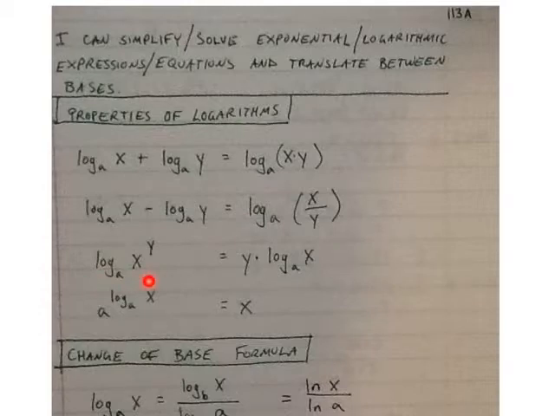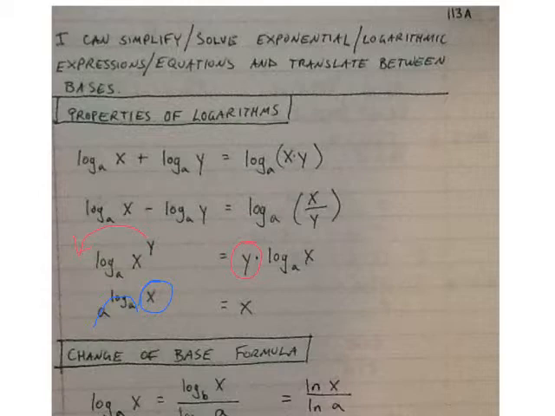One that we've seen pretty regularly already is when you take the log of some number raised to an exponent, we can move the exponent down in front so that we have y times log base a of x. And one that pops up occasionally is we can take a number and raise it to log base of that number, and it cancels out, leaving us with just the value of the argument for the logarithm.